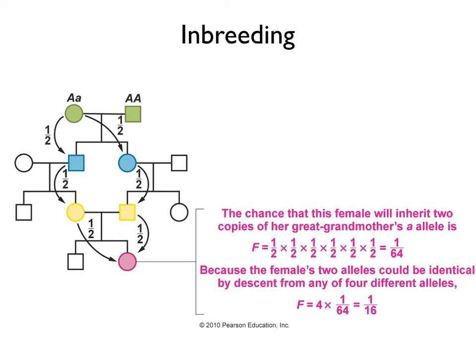And so you can see this homozygosity for deleterious alleles become much more common in populations where there is lots of inbreeding.